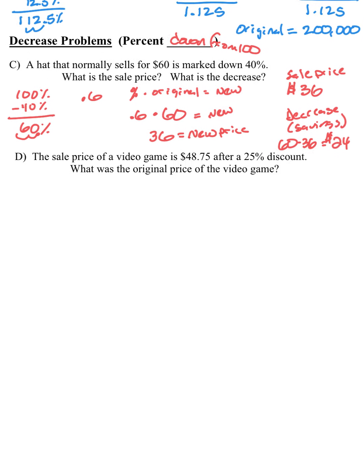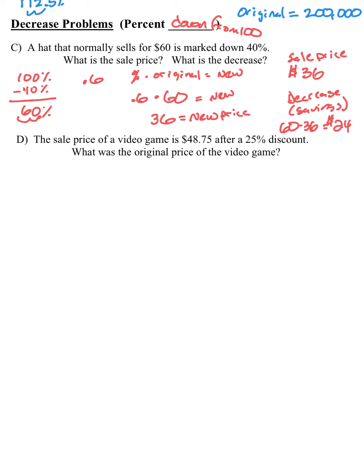All right, part D here. It says the sale price of a video game is $48.75 after a 25% discount. What was the original price of the video game? Well, again, we start with 100%. The discount is 25%, which gives us 75%. Again, we're going to take the decimal, move it twice, and that gives us 0.75 as a decimal number. So, again, following this basic formula of percent times the original equals the new.